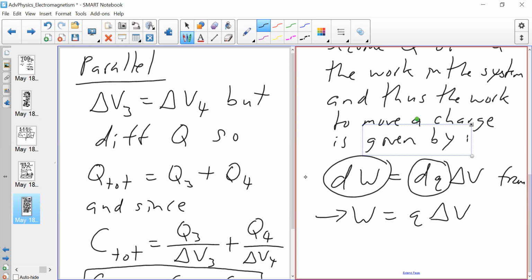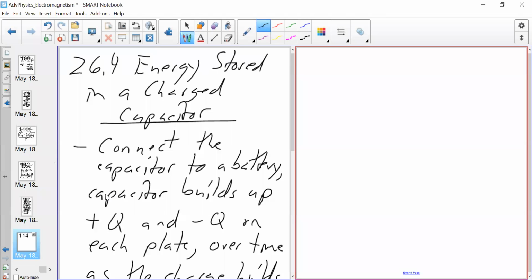And so from this equation, I'm just going to expand on that. So that becomes dW equals dQ times Q over C, because delta V from capacitance, C equals Q over delta V. Well, delta V is Q over C. Then we can find out the total work in the system.